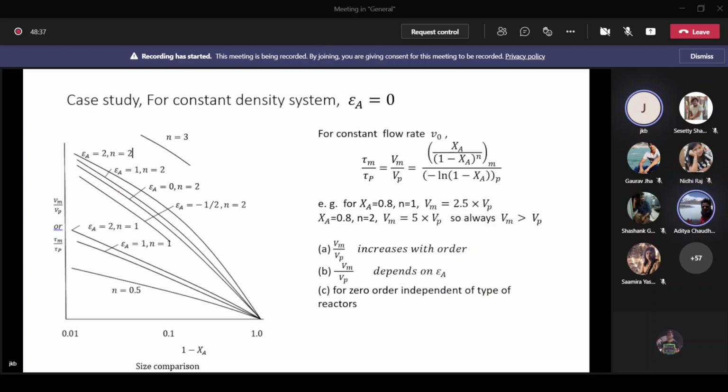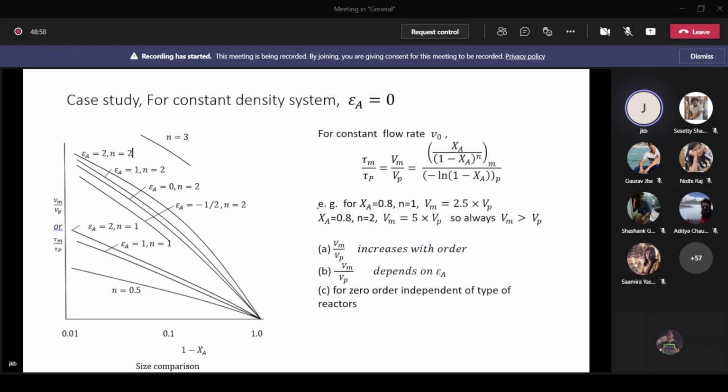And it is repeated for different n value. And it is summarized, Vm by Vp increases with order. Vm by Vp depends on epsilon. But for zero order, there is no concentration term, so this ratio is independent of type of reactors.